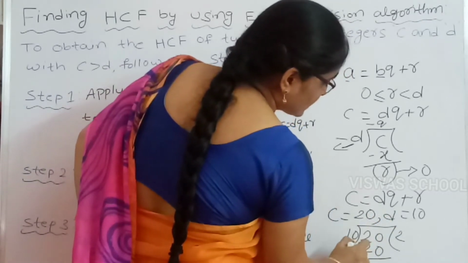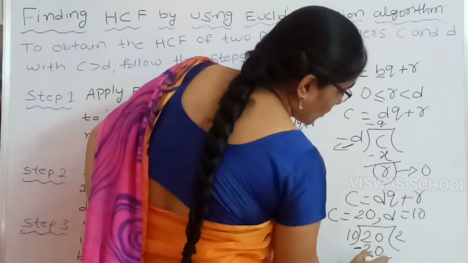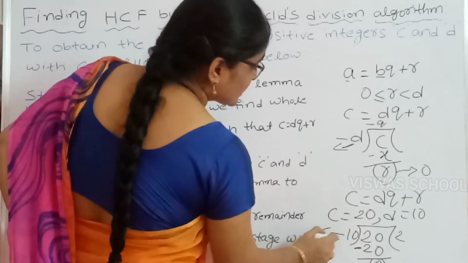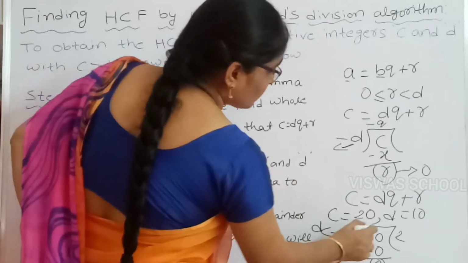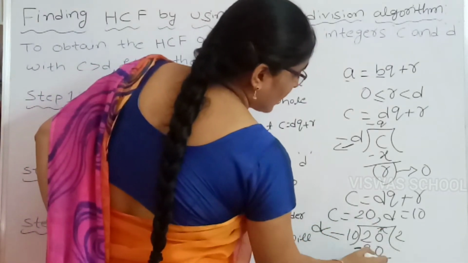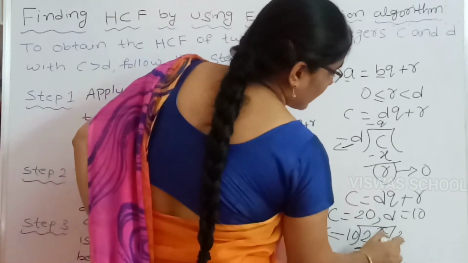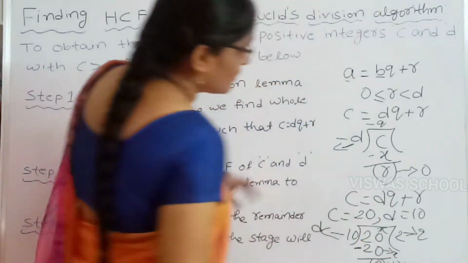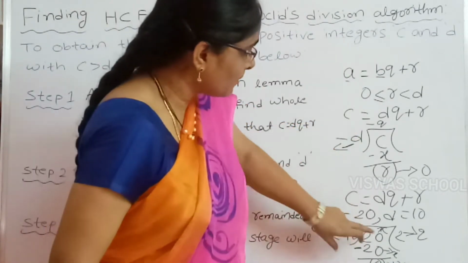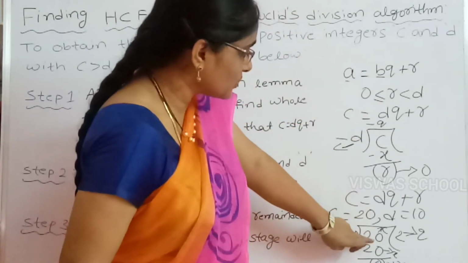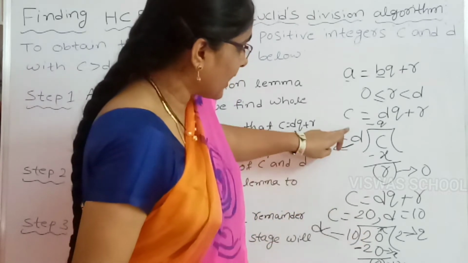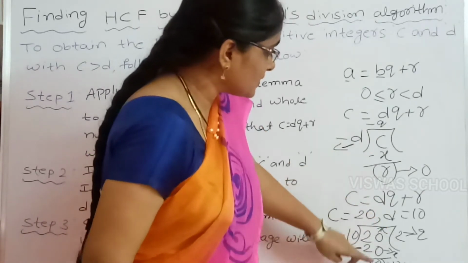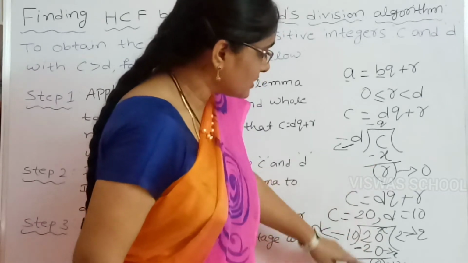Now in this stage, the remainder is 0. Comparing with the format, 20 is c, 10 is d, then q and the remainder r.